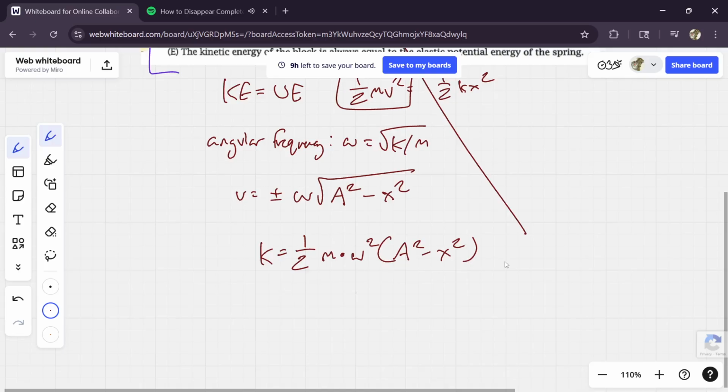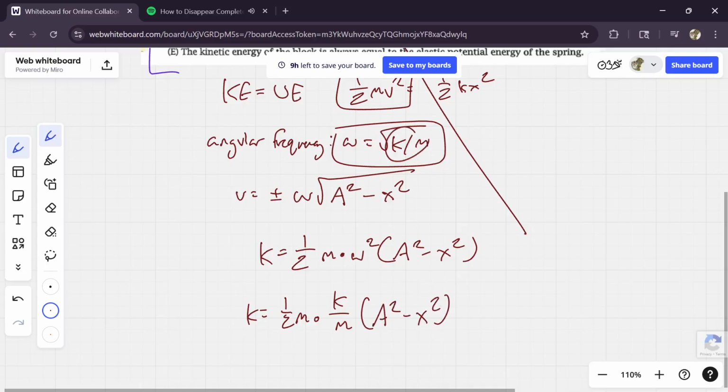And since w squared is equal to what I mentioned up there, and we're squaring w just so we don't have to deal with the square root sign, we end up plugging that in. So K is equal to 1/2 m times k over m, times A squared minus x squared, because we're taking this and sticking it in this equation over here.